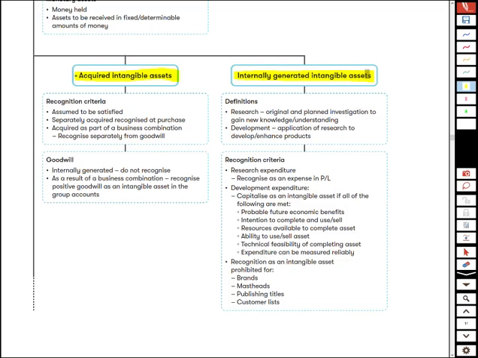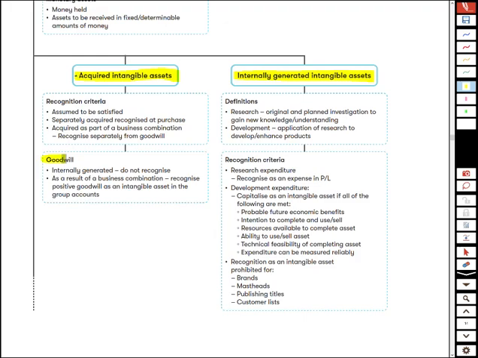So with the intangibles that are acquired, remember we looked at the idea that we presume the recognition criteria are met, and then we looked at the treatment of what if you buy it separately, you capitalise it at cost, plus any directly attributable expenses. If you acquire it as part of a business, you recognise it at fair value.